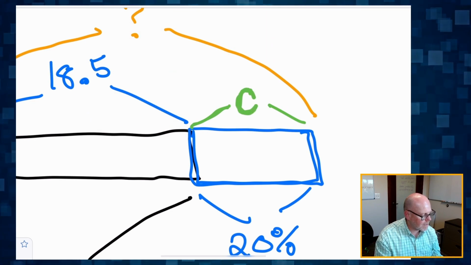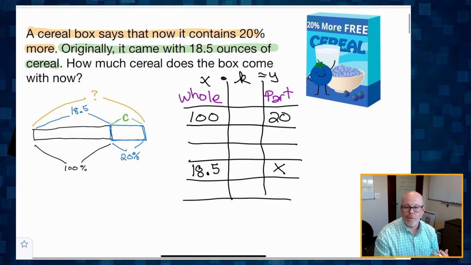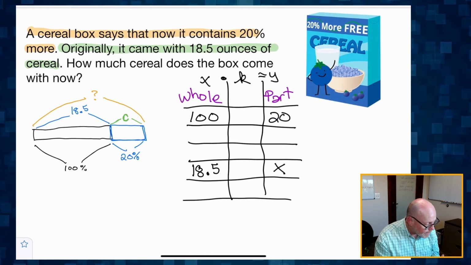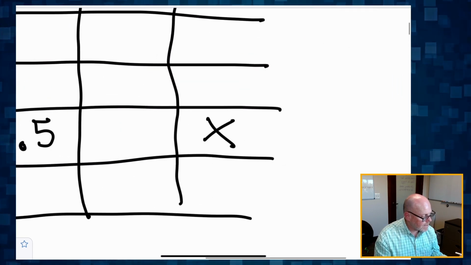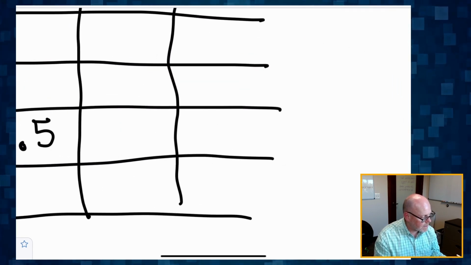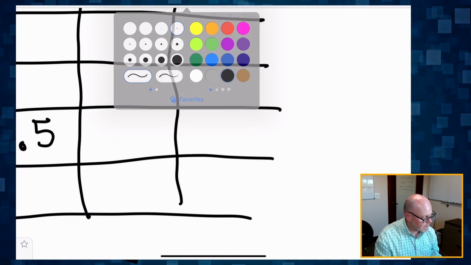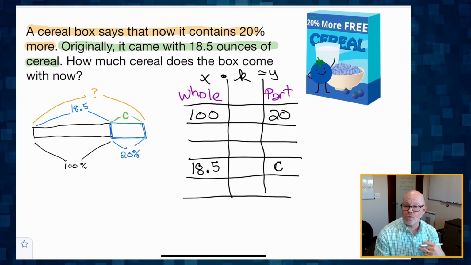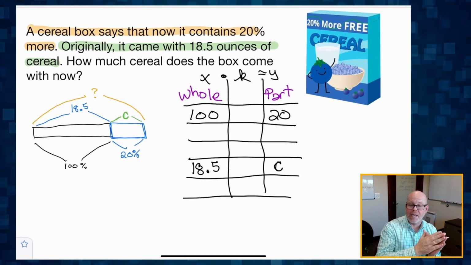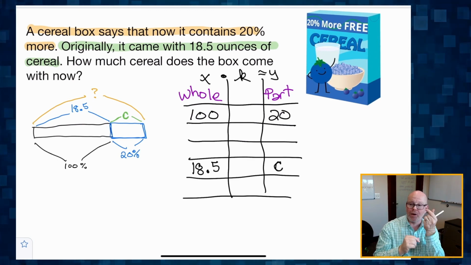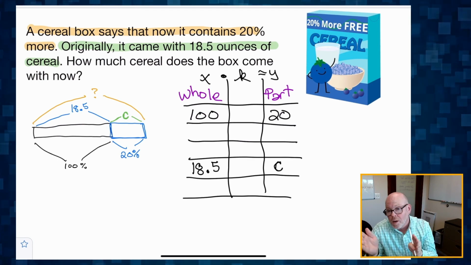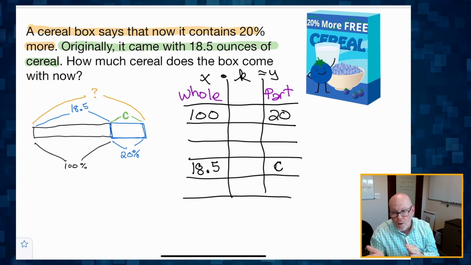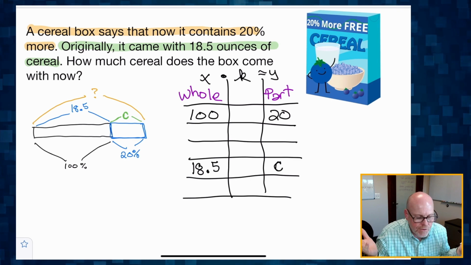Technically I could have used any letter. I could have used the letter I for the increase, or the letter M for more, it's the 20% more. But I'm just going to use the letter C for cereal.